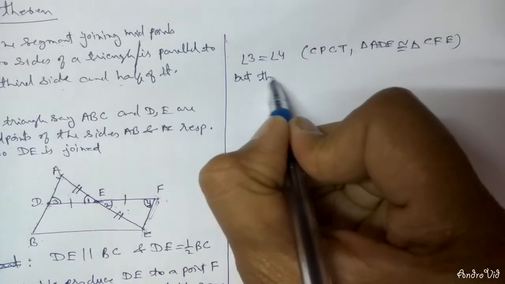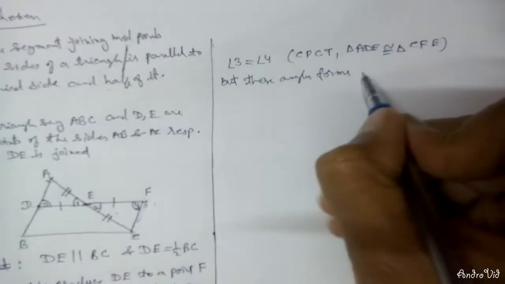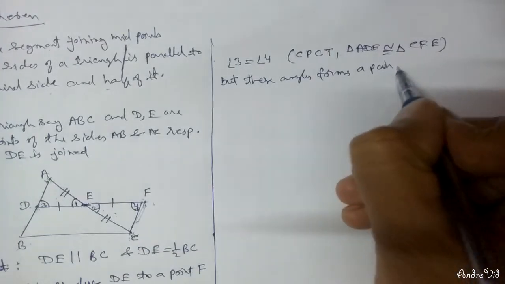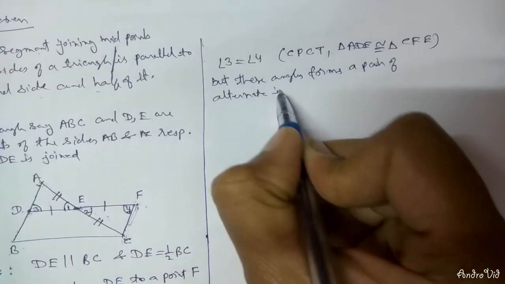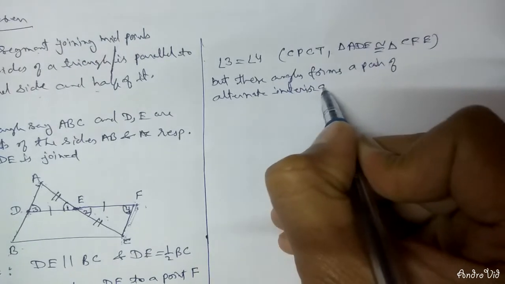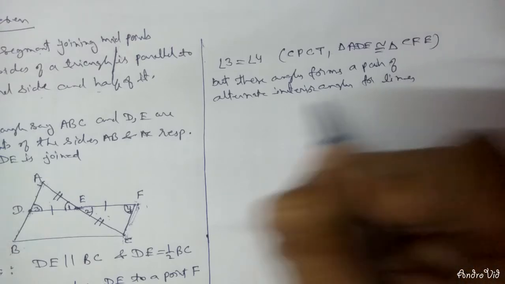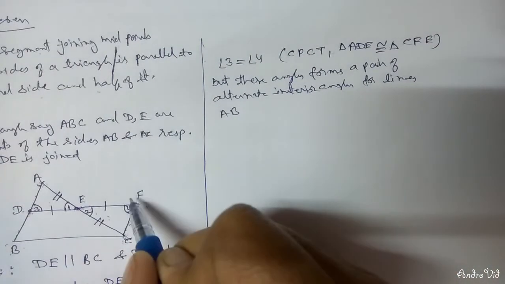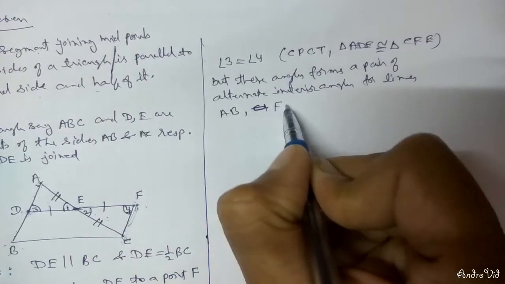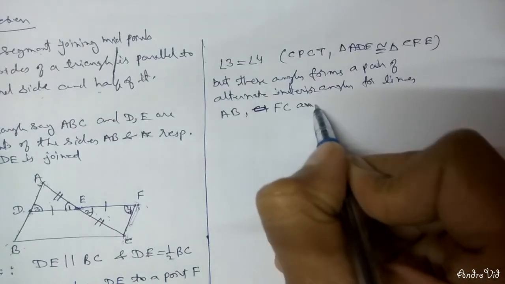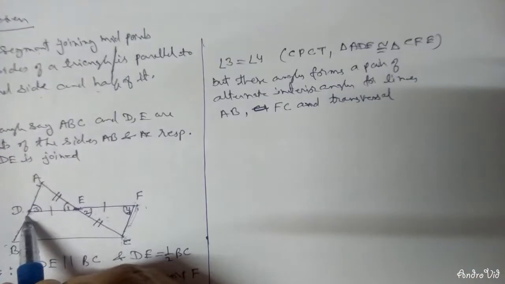But these angles form a pair of alternate interior angles for lines AB and FC, and transversal DF.